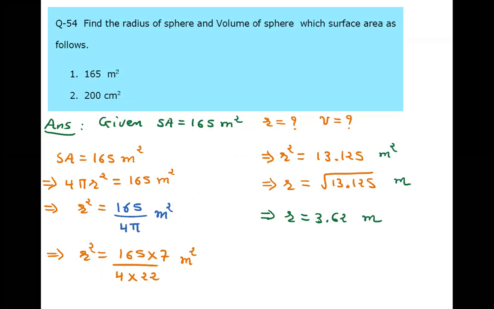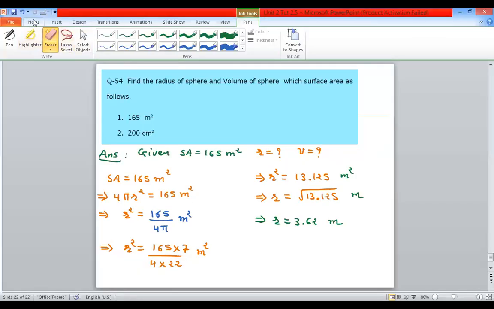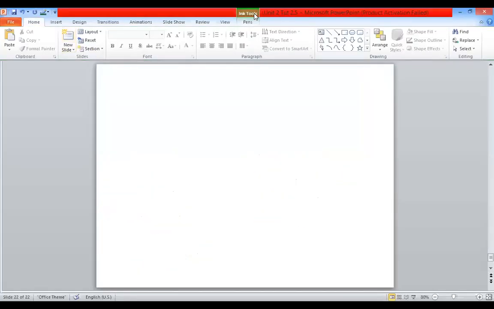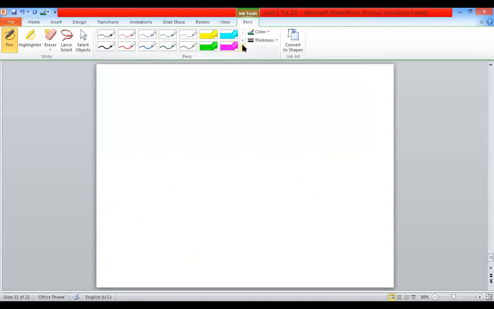Now put the radius in the volume. So the volume of the sphere is... your radius is 3.62. The formula of the volume for the sphere is 4/3 πr cube.